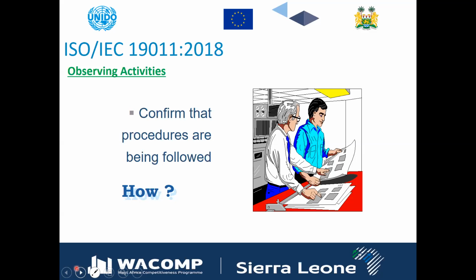How, for example, if you ask somebody how you are operating this machine and he explains that this is our work instruction, it means he is showing you the written thing, and he explains that he is doing this as per the work instruction.